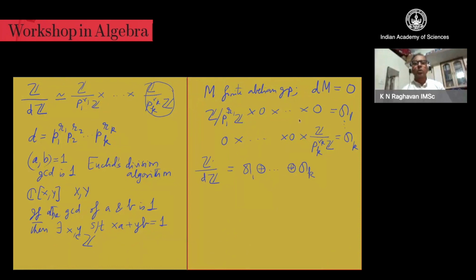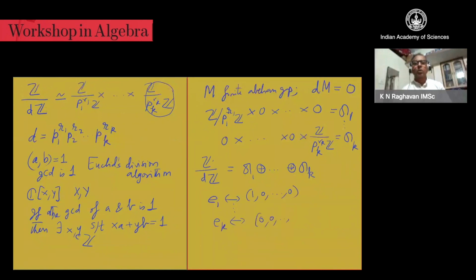So by the Chinese remainder theorem, which I remember we haven't proved yet, but never mind, we'll use it before we prove it. So what it gives you is this. Let E1 be the element corresponding to 1, 0, 0, and so on, and Ek the element corresponding to 0, 0, 0, 1.